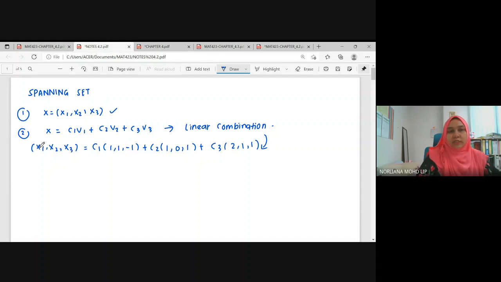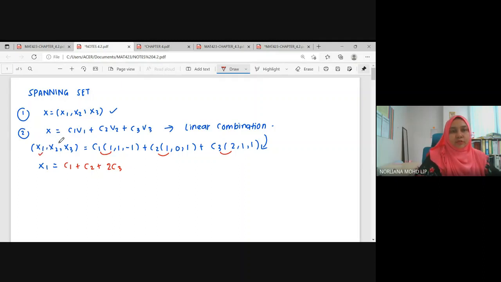So X1 is equal to C1 plus C2 plus 2C3. Ini for X1.